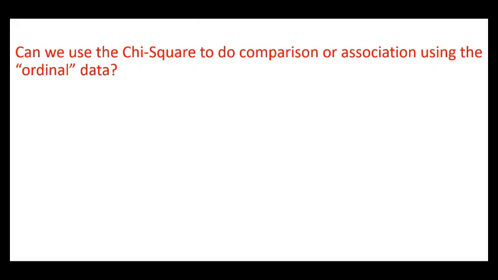It was nominal data that we practiced yesterday, right? We use nominal. But for qualitative data, we have both nominal and ordinal. So my question is, can we use the ordinal data to do comparison, to do association using the chi-square test?